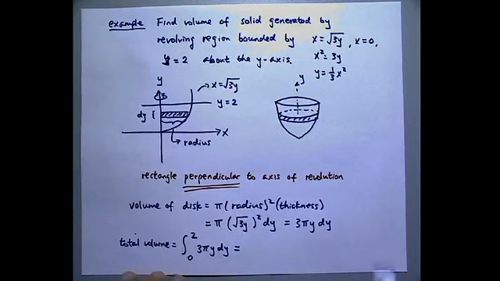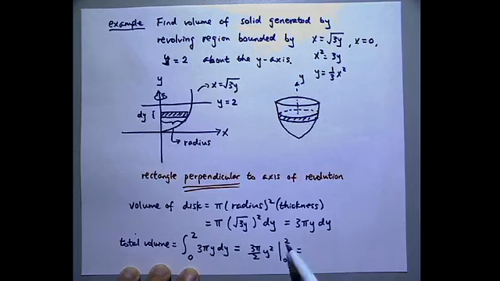That's an easy one to integrate. We get 3 pi over 2 y squared, 0 to 2, and that's a 4 to 6 then, 6 pi.